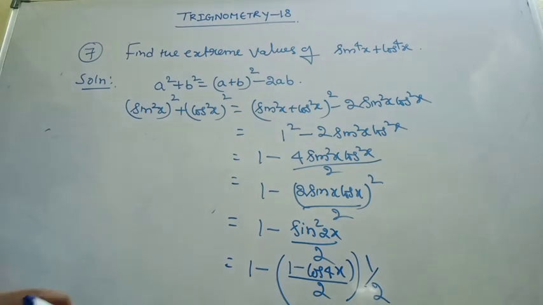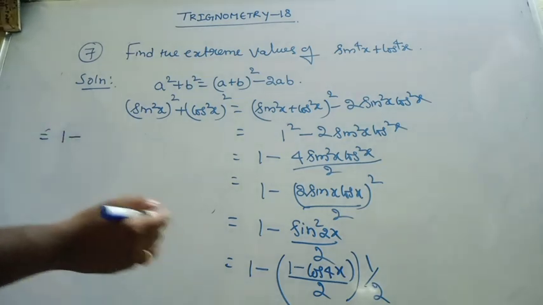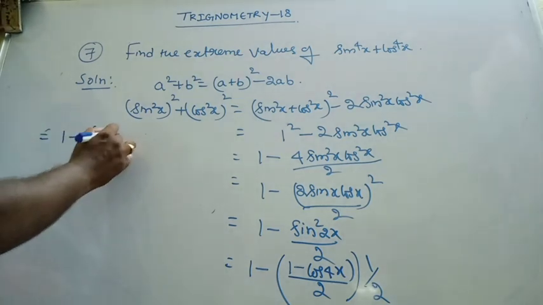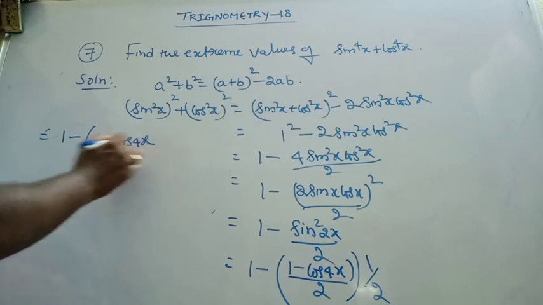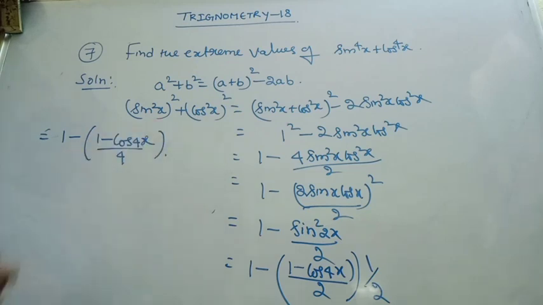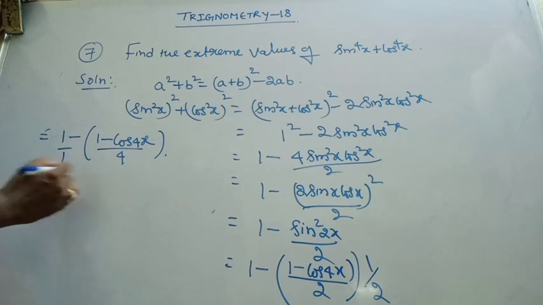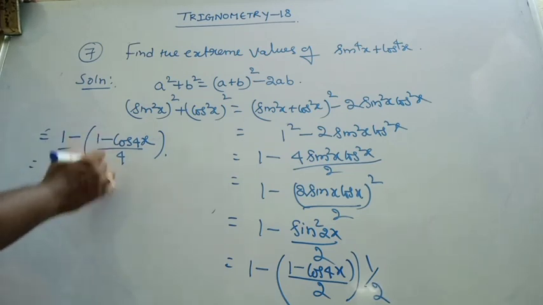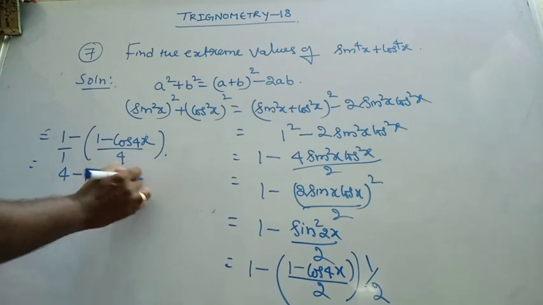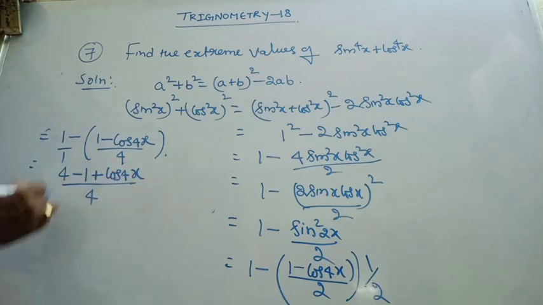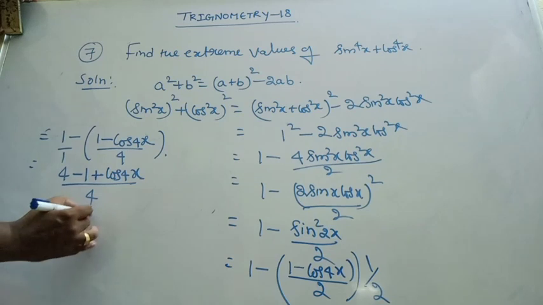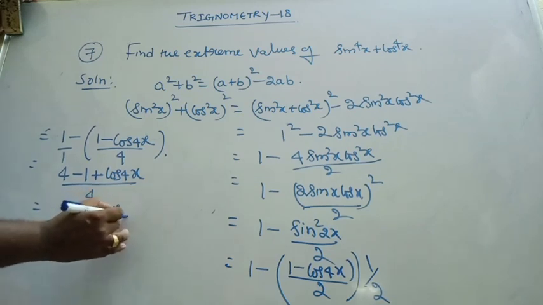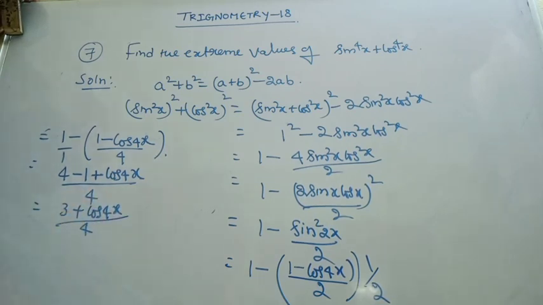Now this is 1 minus cos 4x by 4, like this, right? And if you take LCM here, 2 into 2 is 4, 4 minus 1, minus into minus is plus, cos 4x by 4. Now 4 minus 1 is 3, so (3 plus cos 4x) by 4, we are having like this.